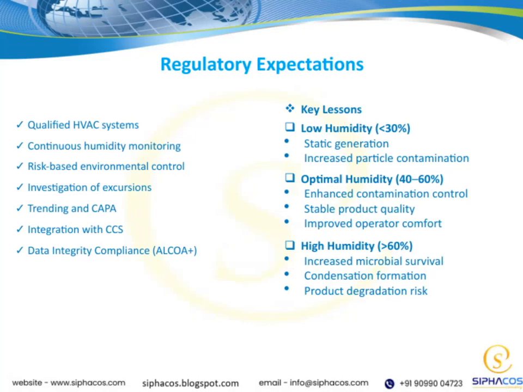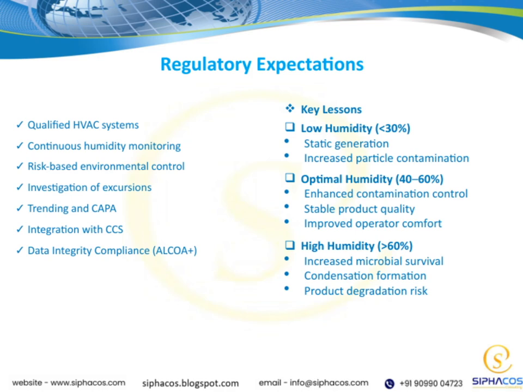Let's break down the key lessons about humidity control. When humidity drops below 30%, static builds up, and particles become more of a problem. On the other hand, keeping humidity between 40 and 60% helps control contamination, keeps product quality steady, and makes the workspace more comfortable for operators.